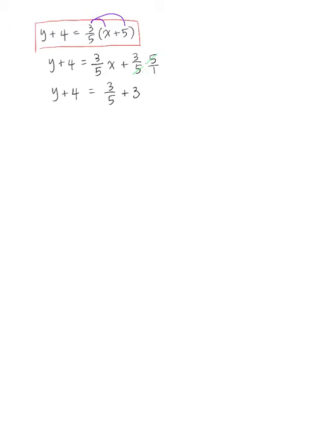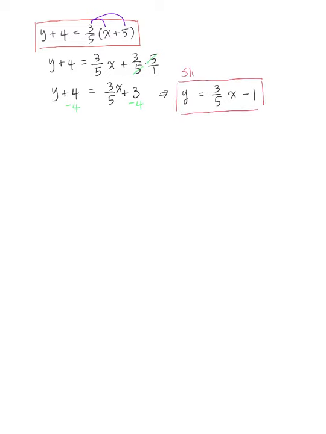Remember, you're trying to solve for y equals something. So next step, you're going to have to subtract 4. Oh, I forgot to write the x down, sorry. There you go. That implies that we're going to have y equals 3 over 5x and then minus 1. So now this is in slope intercept form.